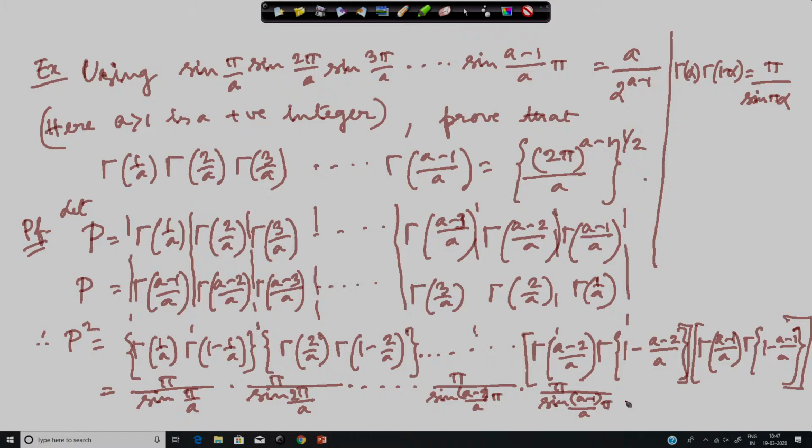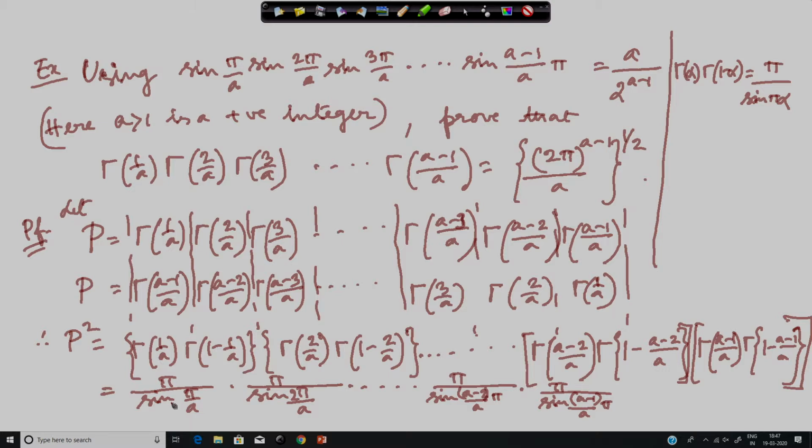so now our next job is to apply the result that is given to us, that is, the product of sin pi by a, sin 2 pi by a, etcetera, is equal to a by 2 to the power a minus 1. Okay. So, then this is equal to pi to the power a minus 1 divided by 2 to the power a minus a. Now, how many pi's are there?